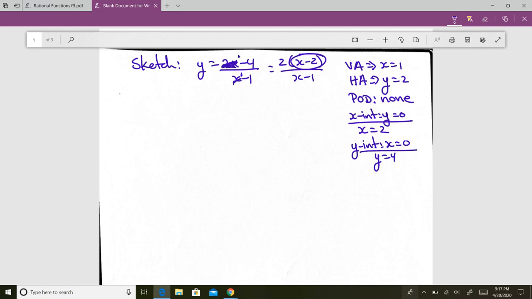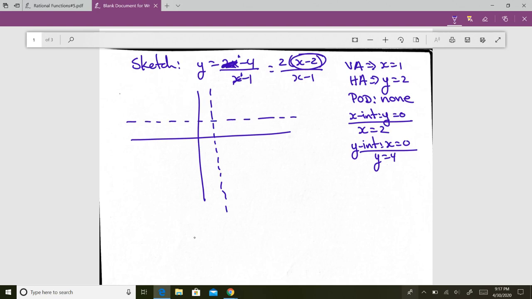All right, we have all our information. Vertical asymptote at 1. Horizontal asymptote at 2. X-intercept is 2, so if that's 1, x-intercept has to be there. Y-intercept is 4.